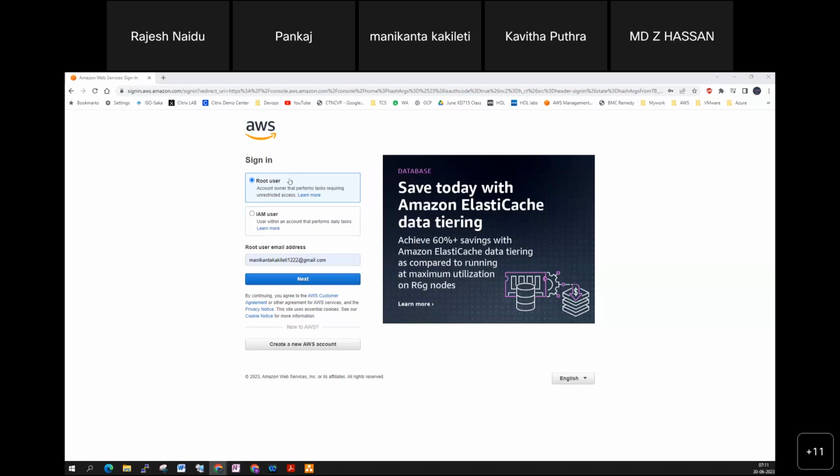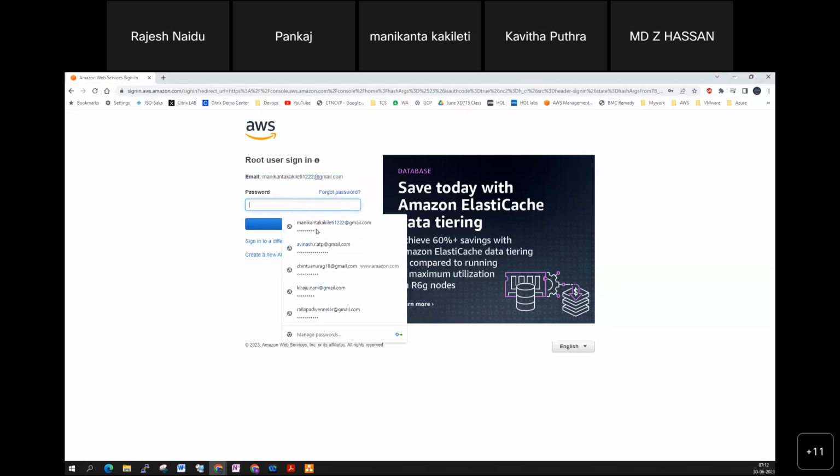Mostly the root user ID is held by the most senior administrator managing the account, even though that person is not logging into the root user ID. And click sign in.